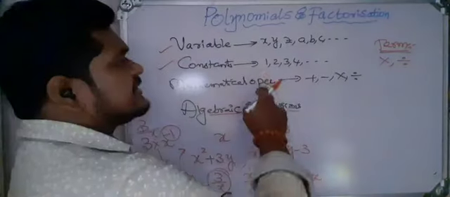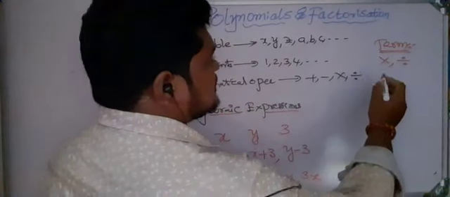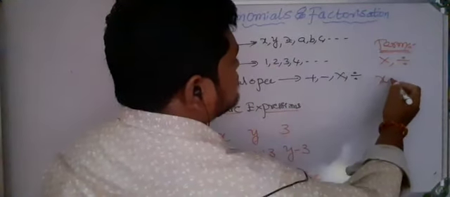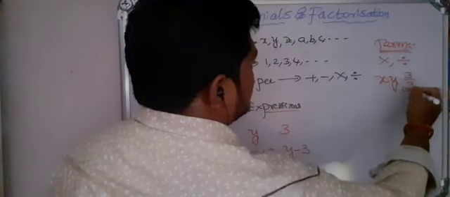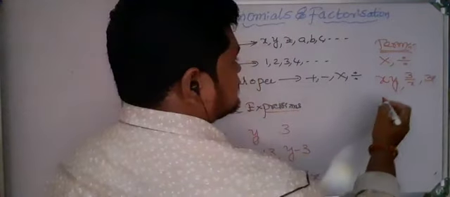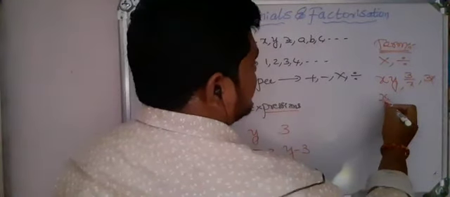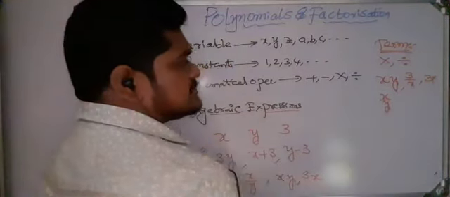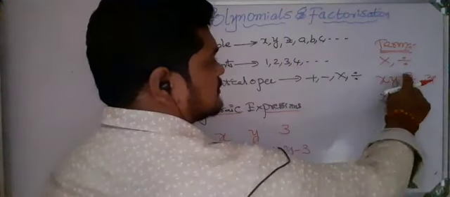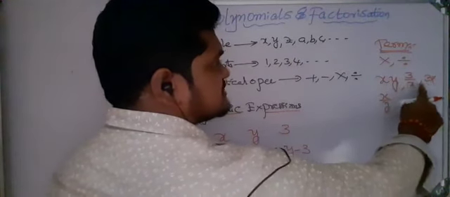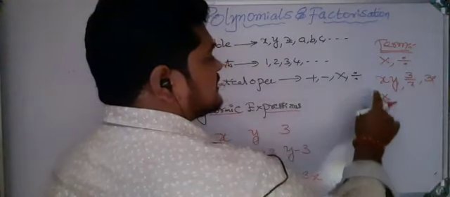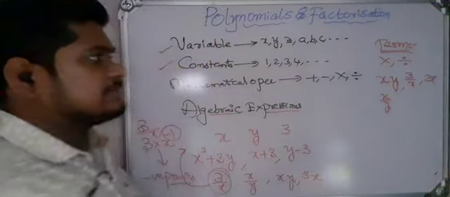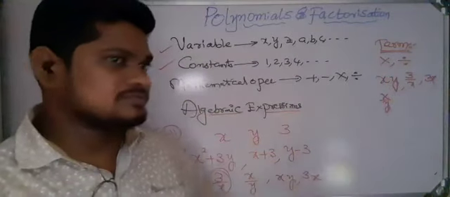That means between any variables and constants we should use only into or divided by. For example x into y, xy, or 3 by x, or 3 into x, or x by y. Why? Because between these two we have the into symbol, in 3 by x the divided by symbol, in 3 into x the into symbol, and in x by y the divided by symbol. These all come under terms.